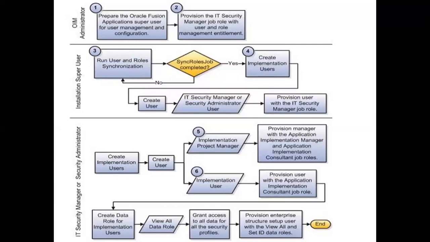You need to create the enterprise structure first, and then you create offerings. You start installing the offerings your client wants, like the financial offering. They will ask for general ledger, accounts payable and accounts receivable, everything. So this is all the implementation part of it.